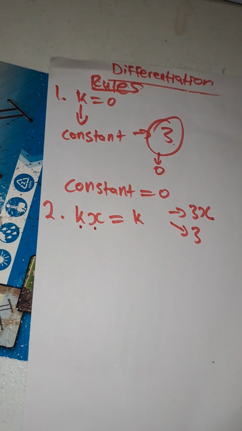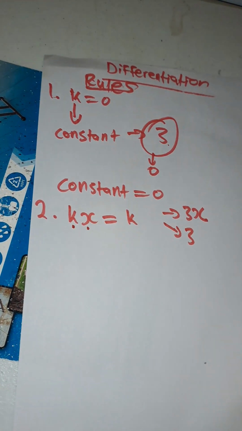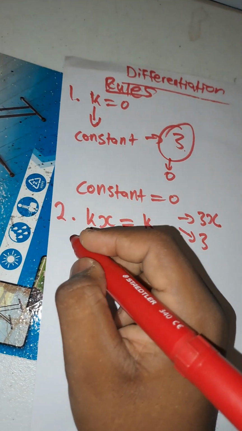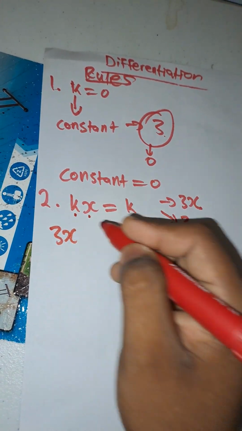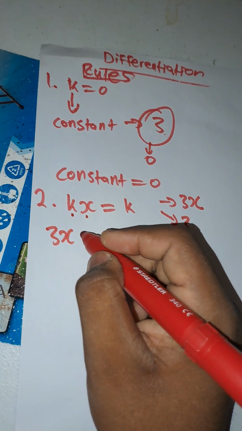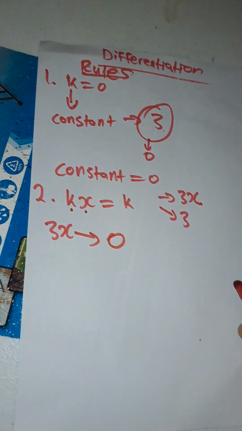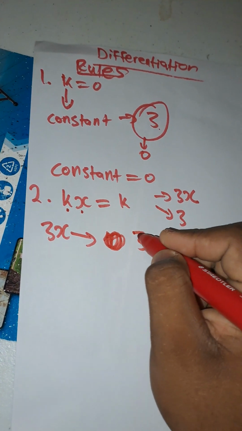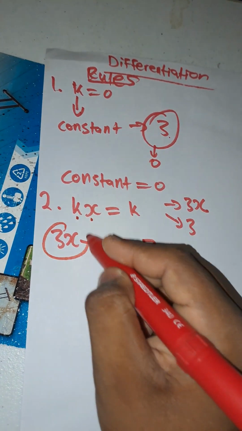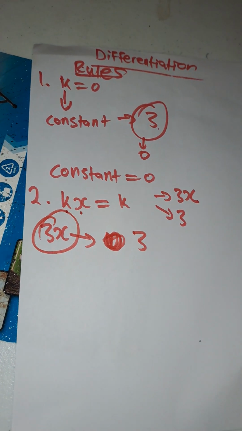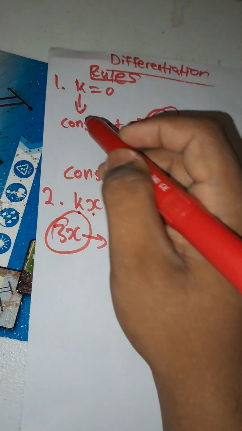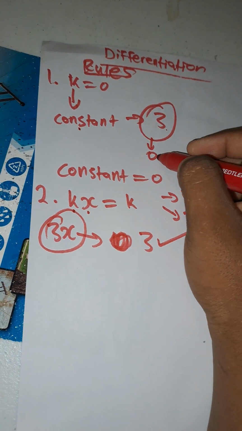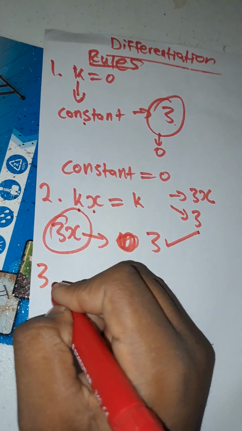So the derivative of a number and its coefficient is equal to the number. So if I have 3x in my equation, after differentiating it, it will be 3. But if I have a constant, any number, after differentiating it, it will be 0.